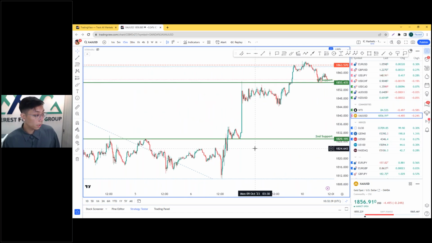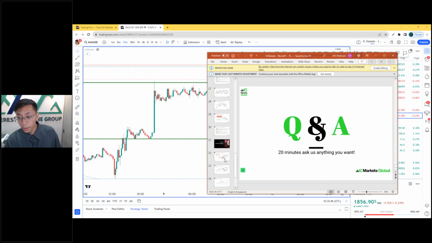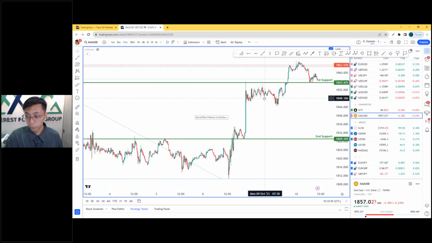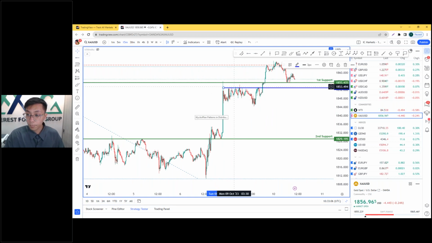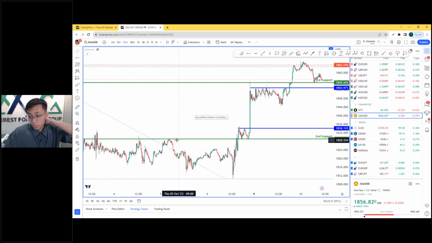Okay, how do I take profit? For Wyckoff, usually, let's say we have Wyckoff somewhere here, okay? Let's say I entered here, this looks good.